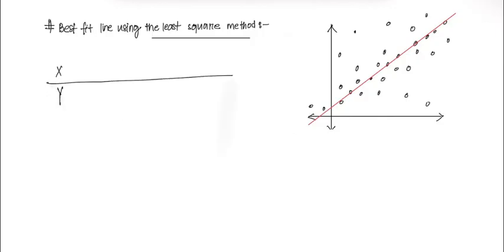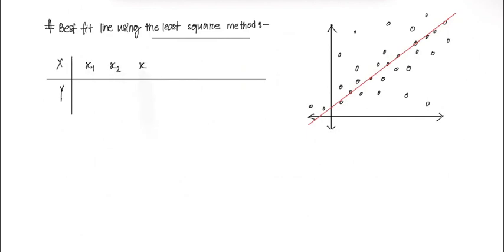Suppose you have the data points, that is x, y. x is the independent variable, y is dependent on x. x1, x2, up to xn, and y1, y2, up to yn.